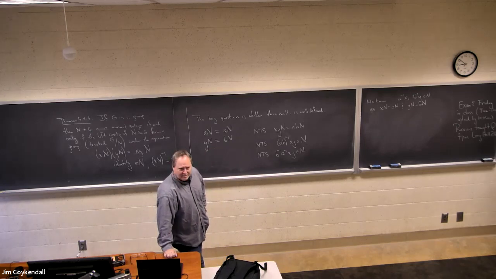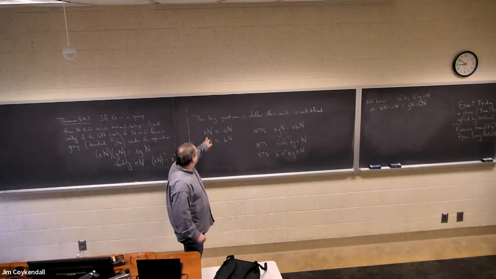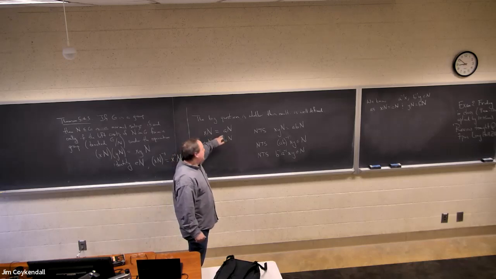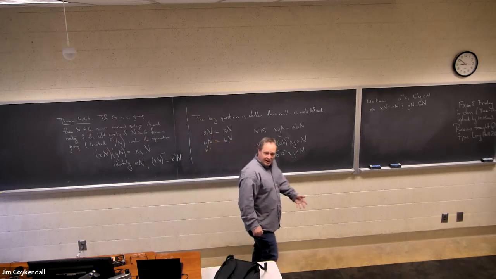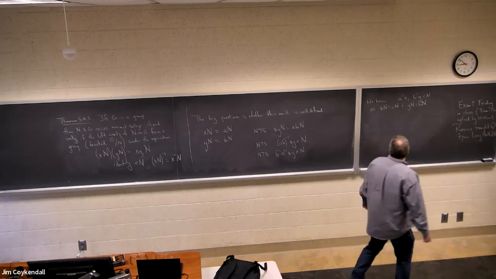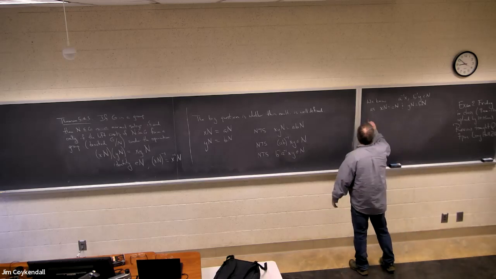Everybody okay with that? Because of the fact that Xn and An are the same coset, that means that A inverse X is in N and B inverse Y is in N. Everybody okay with that? So let's take this apart.